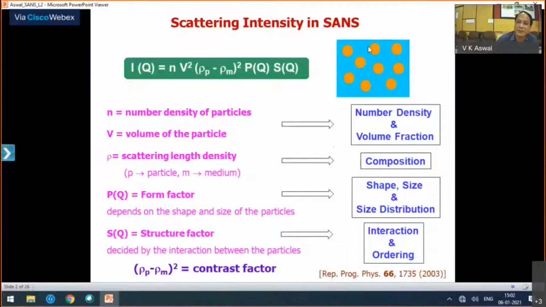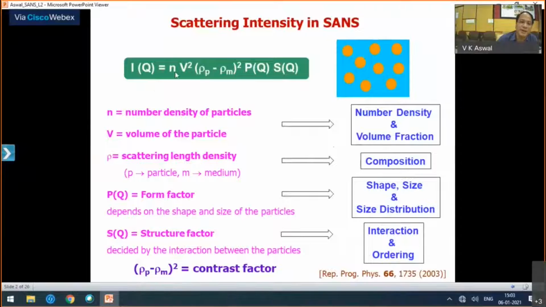For example, if you have a colloidal system where you have particles dispersed in a medium, for such a system you can write your scattering intensity by this kind of expression, where n is the number density of the particles. Obviously, if you have more particles in the system, your scattering intensity will be more.